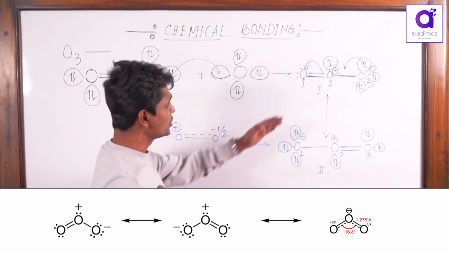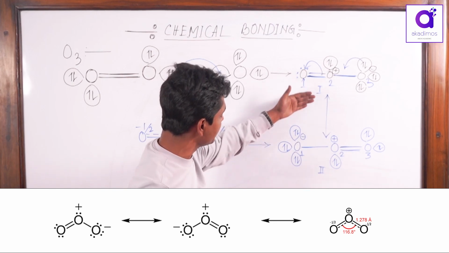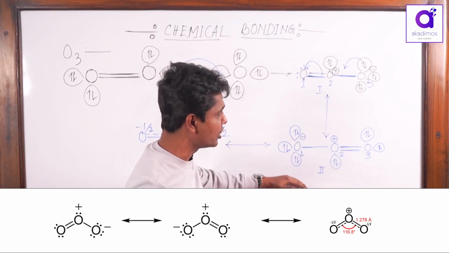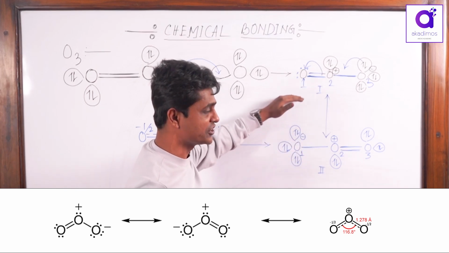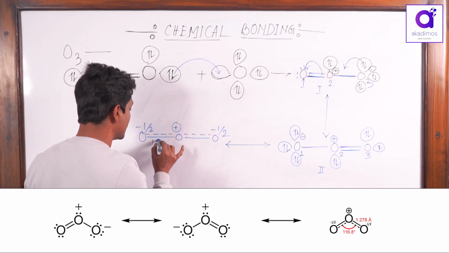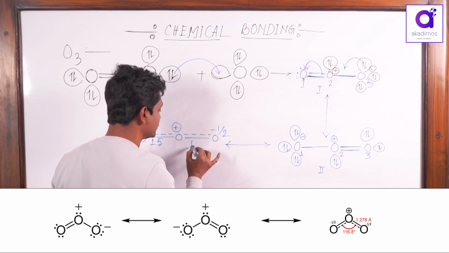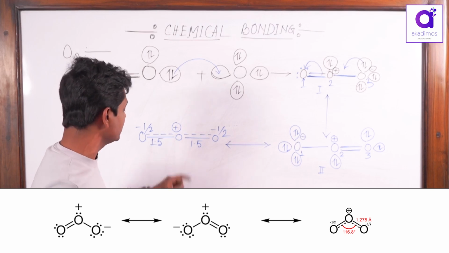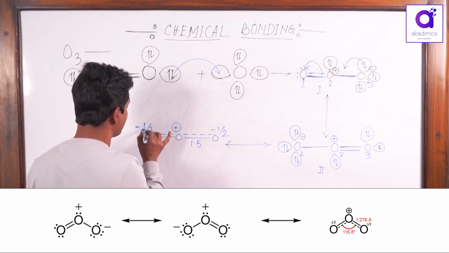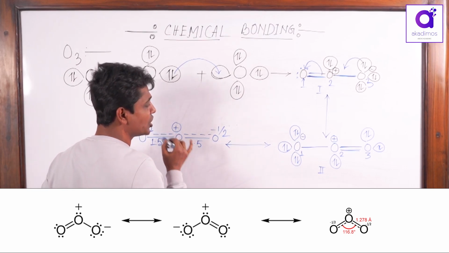Now if I mix these two canonical forms and take the average result, the bond order is 1.5, the number of bonds between the oxygen atoms. The formal charge on the middle oxygen is +1 and minus half on each terminal oxygen.